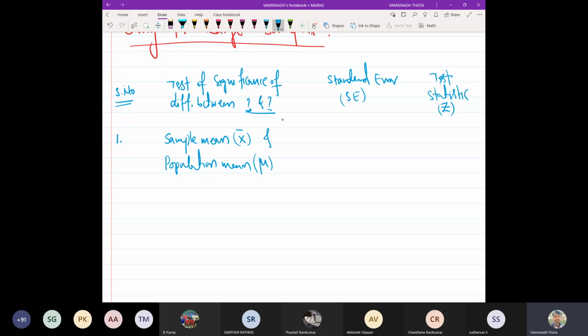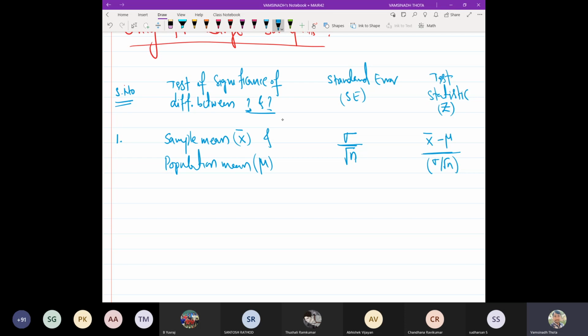In this case, the standard error is the standard deviation upon the square root of n. This one we have already seen. And the corresponding test statistic is X bar minus mu upon sigma upon root n.